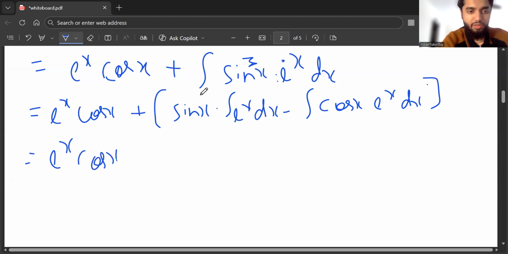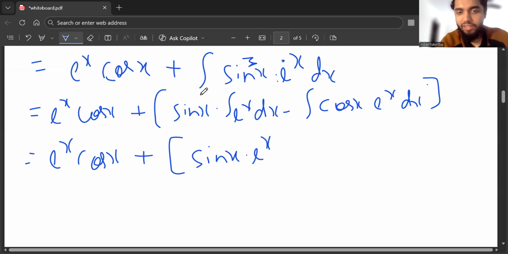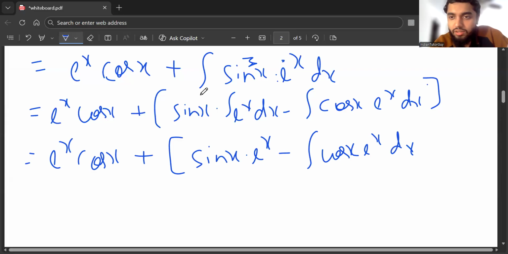So let me just copy the first part of the expression here. That would be sine of x times the integral of e to the x, which is just e to the x, minus integral cosine of x e to the x dx.